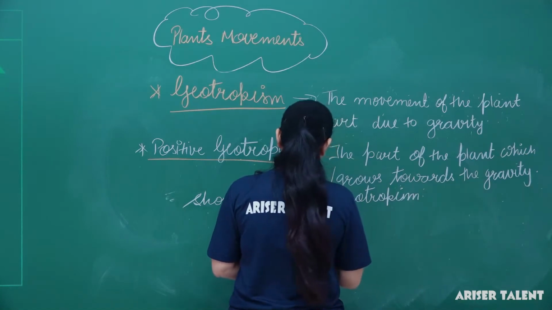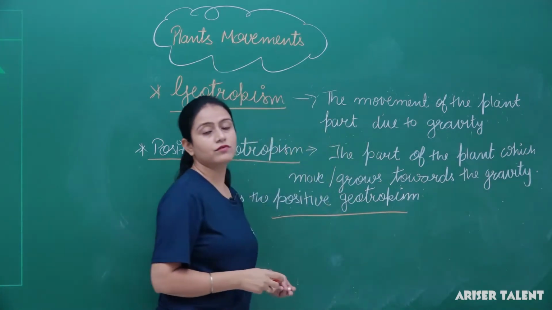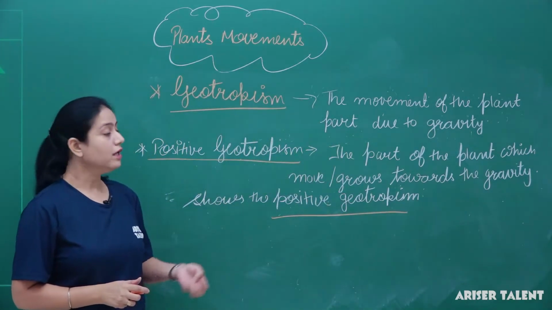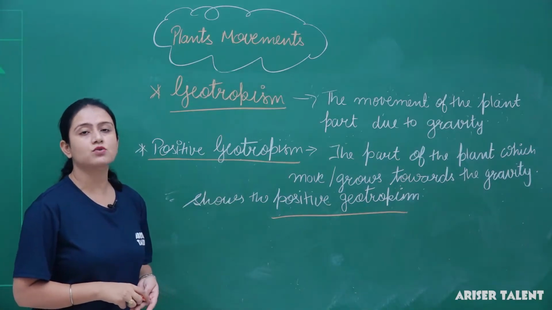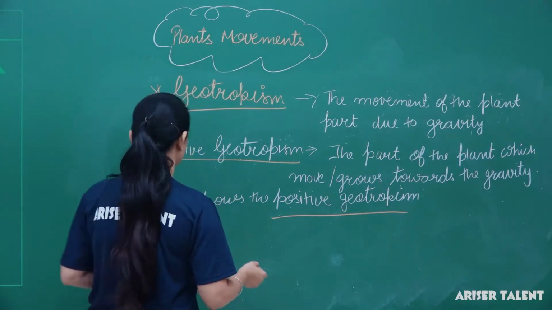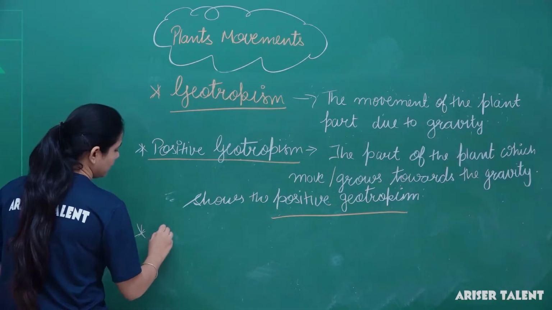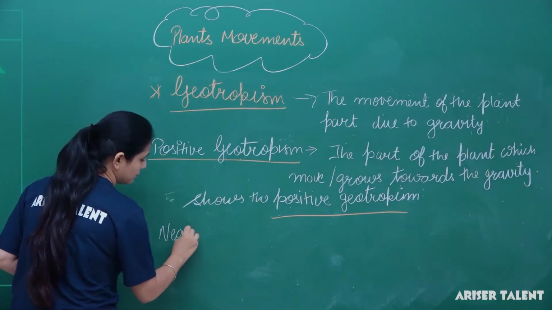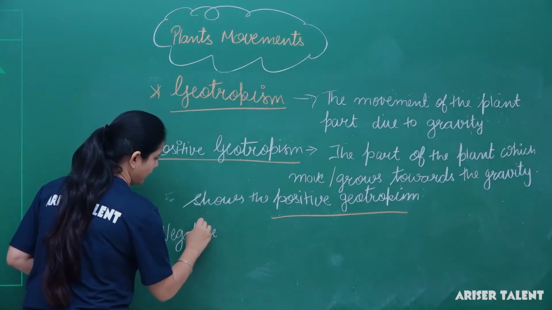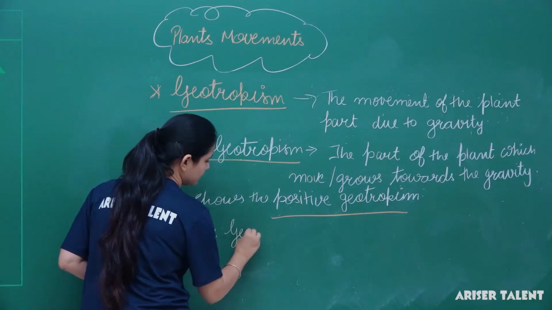And the part of the plant which moves away from the gravity is known as negative geotropism.